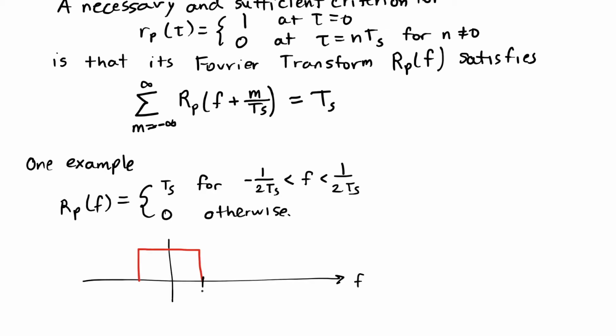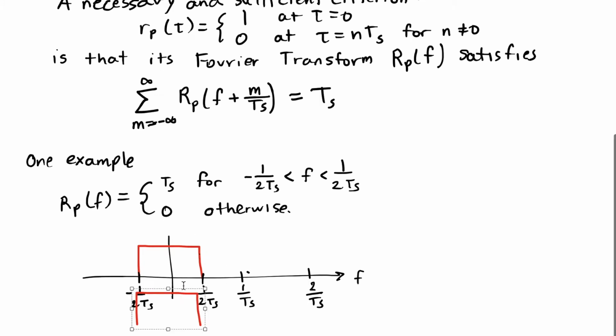So I draw a rectangular function between minus 1 over 2 t sub s and plus 1 over 2 t sub s, and then I copy and paste it and put it next to there. That is an offset of 1 over t sub s. Copy and paste it and put it again next to that. It's an offset of 2 over t sub s, and I put one before.